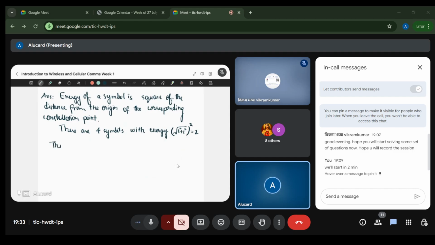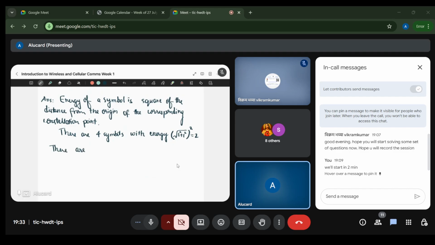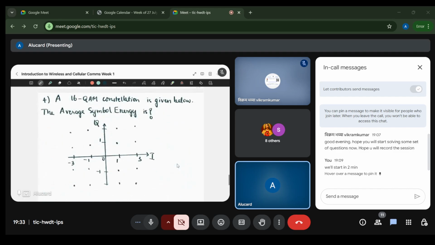Then there are these points: 1, 2, 3, 4, 5, 6, 7, 8. All of them are at the same distance from the origin. This is 3, this is minus 3.